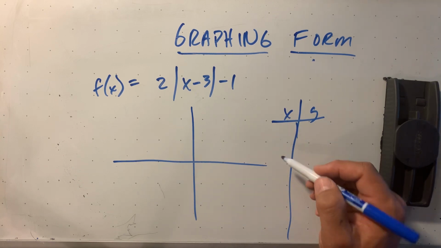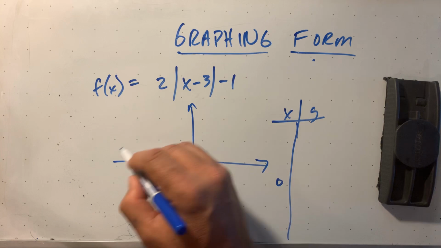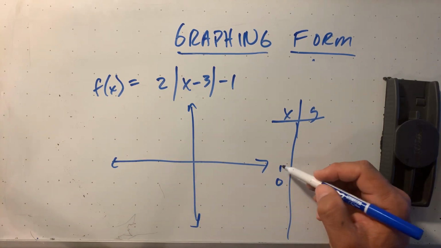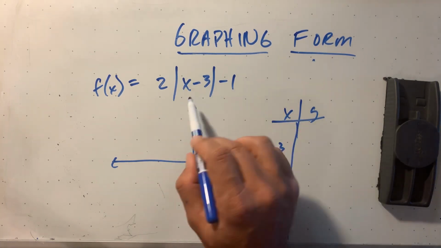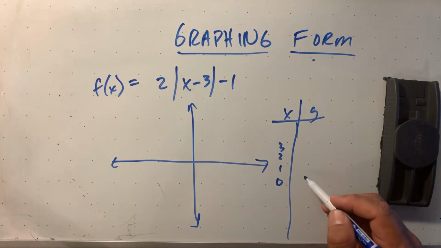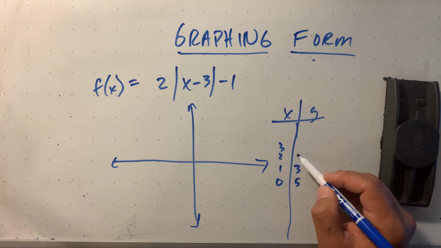Let's try 0. If I plug in 0, I'm going to get the absolute value of -3, which is 3. 3 times 2 is 6. Minus 1 is 5.